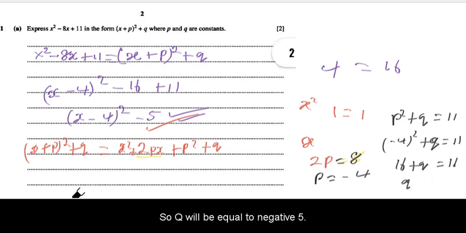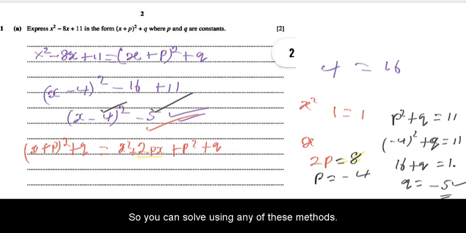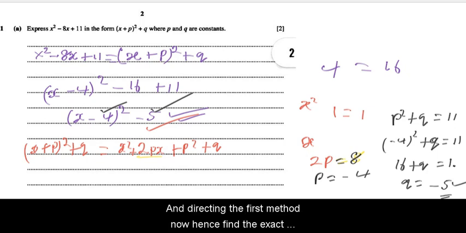So q will be equal to negative 5. You can see here we got negative 5 for q, and we also have 4. So you can solve using any of these methods, but you can see it is very simple and direct in the first method.